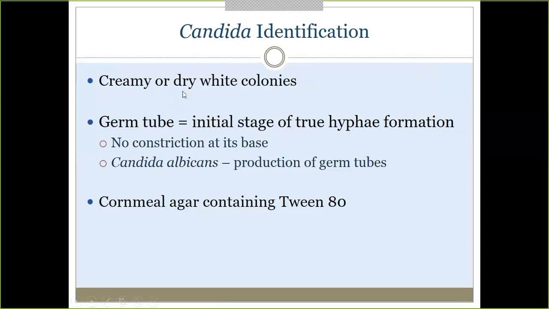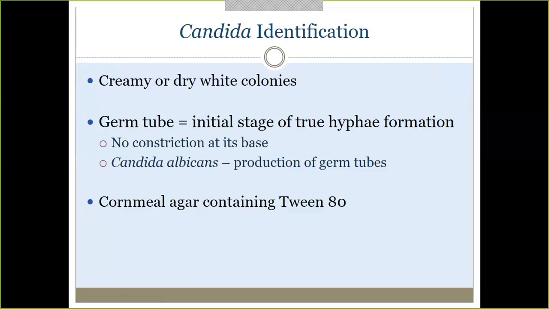There is a test, though, that we call the germ tube test. A germ tube is the first stage of hyphae formation. When yeast are starting, they look like that budding stage, but as the yeast infection continues, they'll start forming hyphae. When you get yeast and hyphae present, you know that yeast infection has been there for a little while.